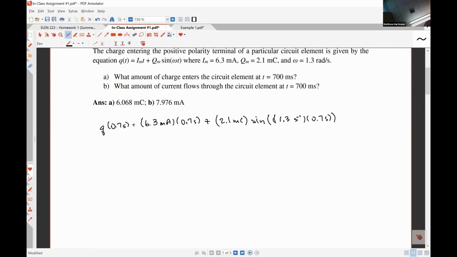Exactly right. So 6.3 milliamps times 0.7 seconds gives us 4.41 millicoulombs plus 2.1 millicoulombs times the sine of 1.3 times 0.7, which is 0.1501588.